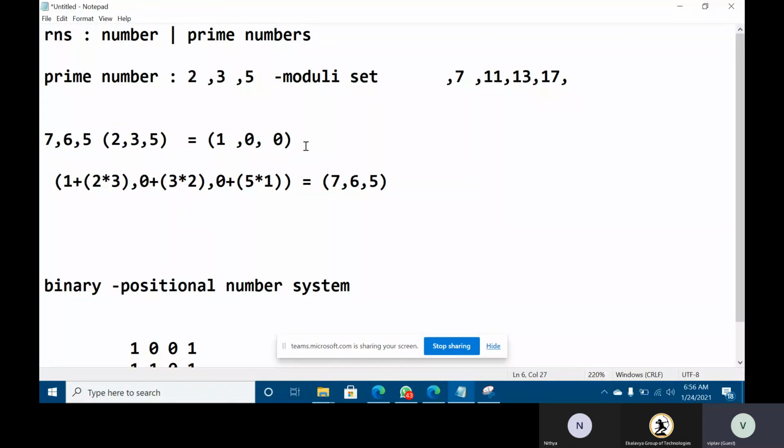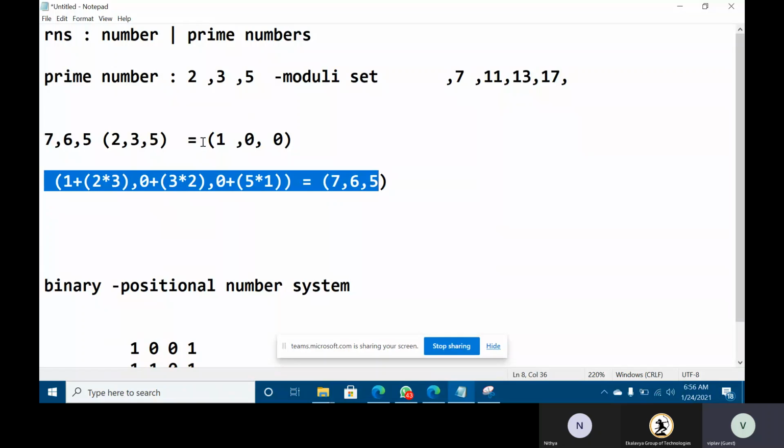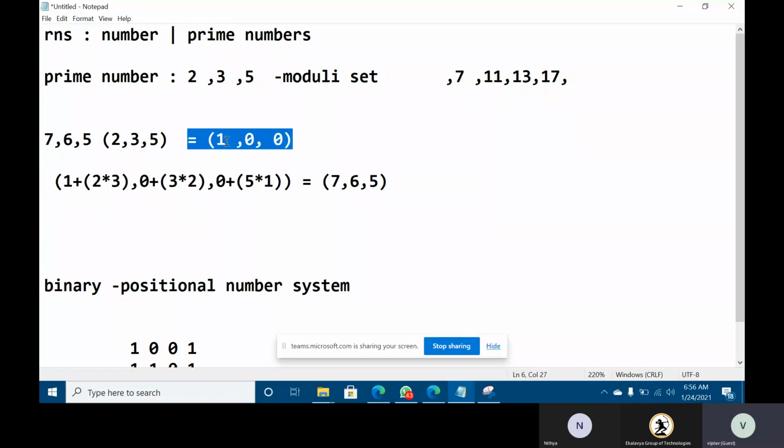Suppose anyone gave you 100 and they have not given you the moduli set also. How can you get the inputs, 767, 765, from that output of 100? Is it possible? No.